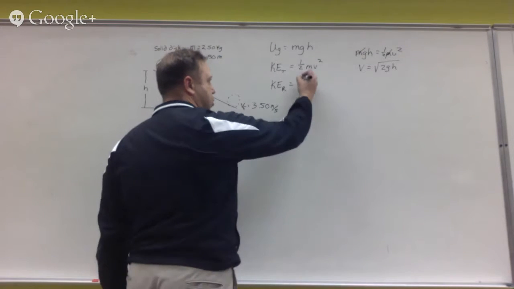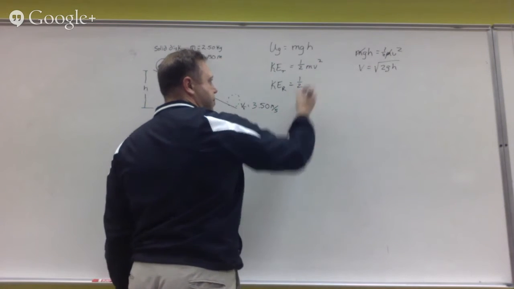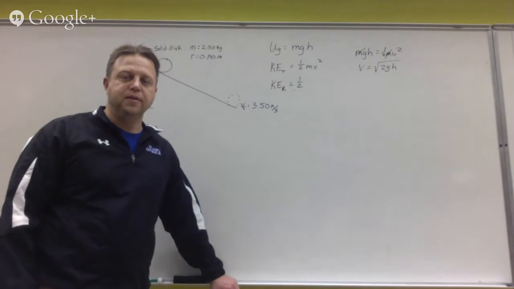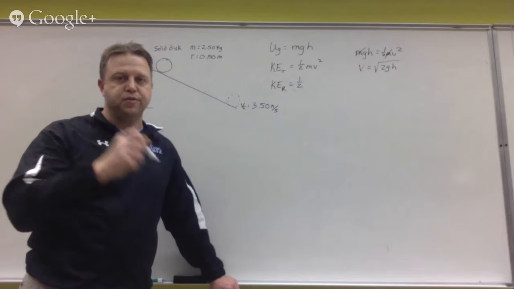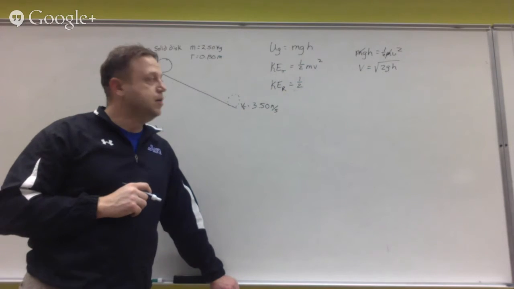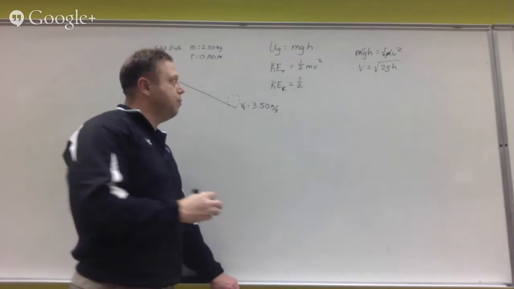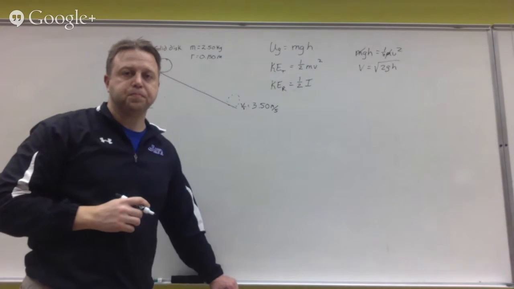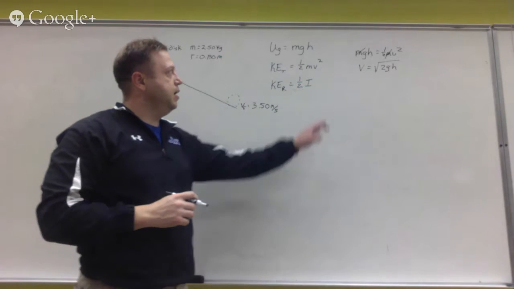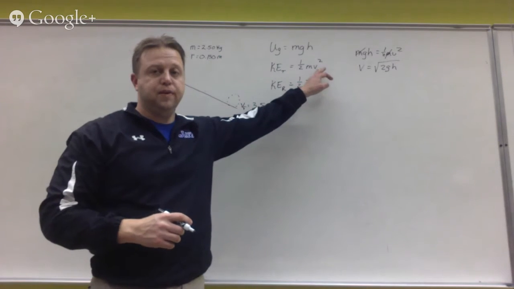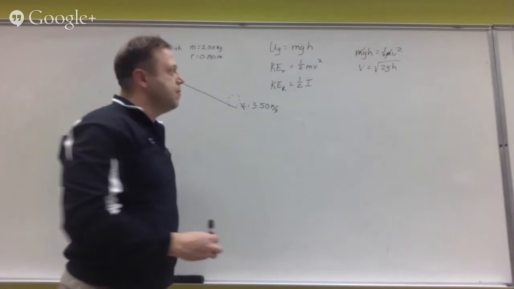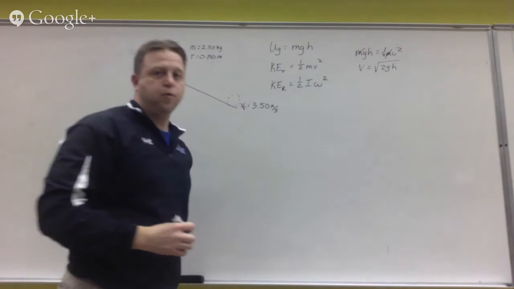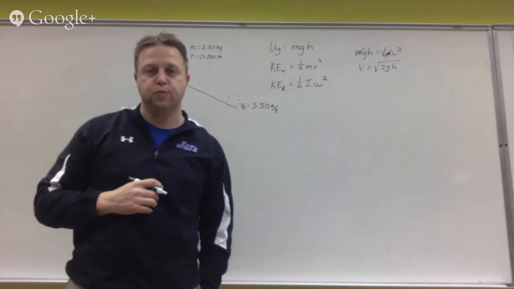So 1/2, and mass in a straight line is the object's inertia. Even though it's rolling down a ramp, it still has straight line energy. So now we replace the mass with the object's moment of inertia, and instead of the tangential or linear velocity, we substitute omega, the radians per second that it is rolling through.